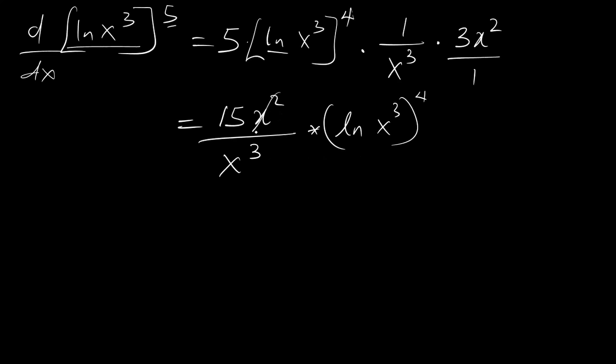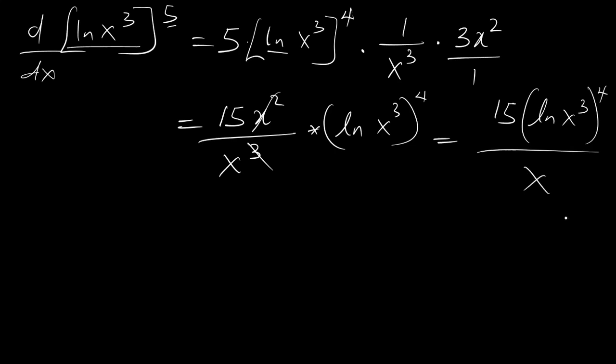Now if you cancel this, it remains 1 here. You now have 15 ln x cubed all to the power 4, divided by x. So this is the final answer for this.